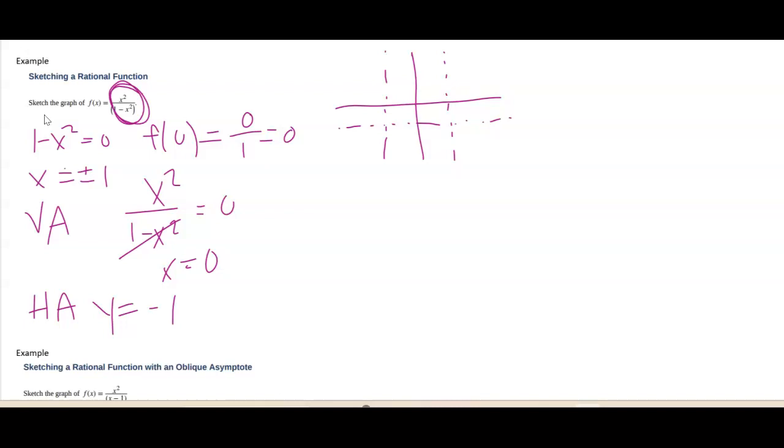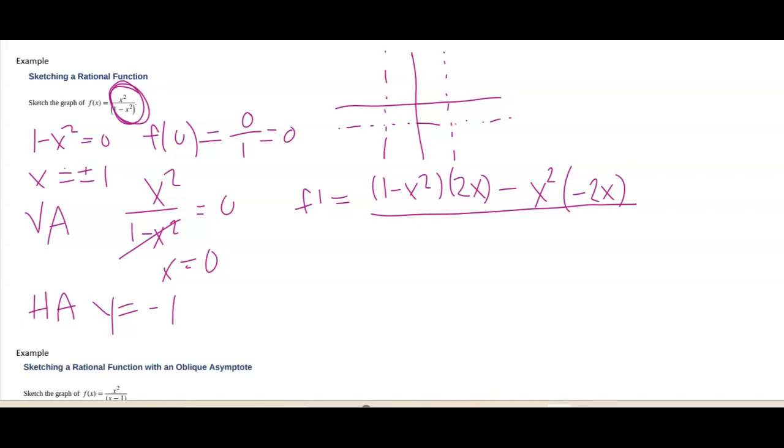So let's go ahead and find f prime. And I need to use quotient rule here, so I'm going to have low d high minus high d low, all over low squared.